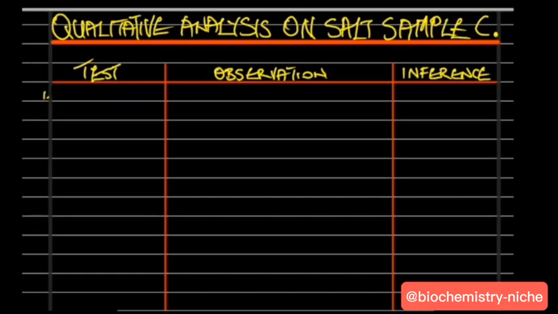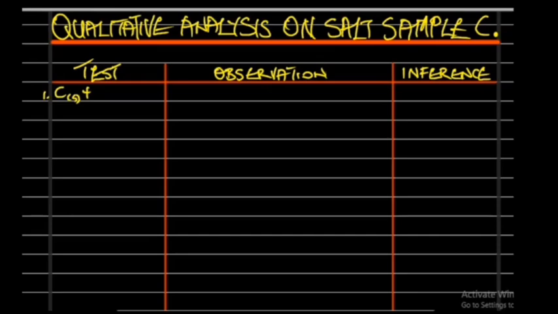when specimen C, which is in solid form, was diluted, when we added 5 cm³ of distilled H2O, we observed that it dissolves to give a pale blue solution.